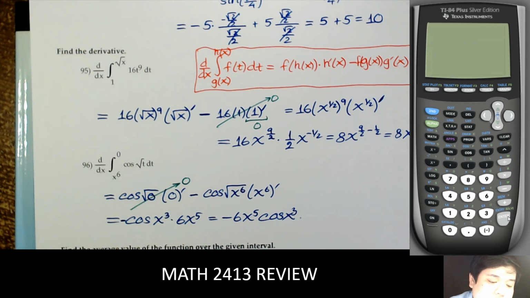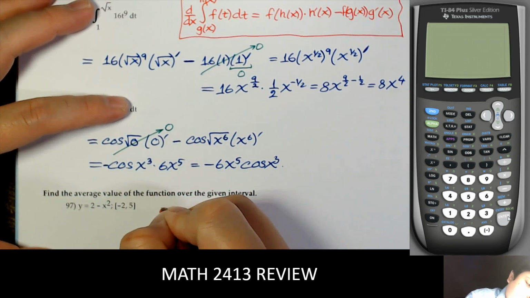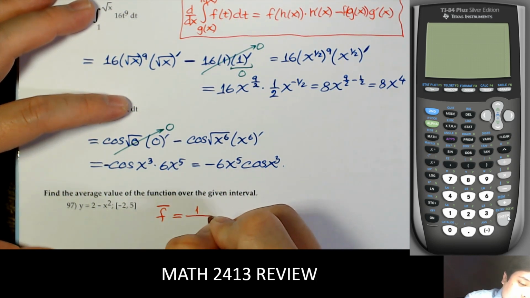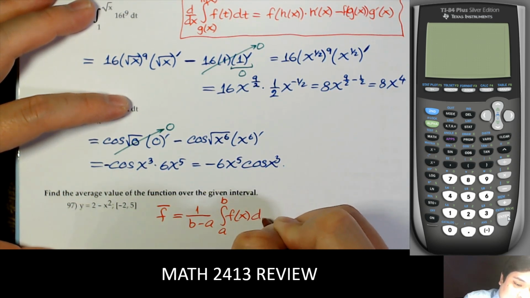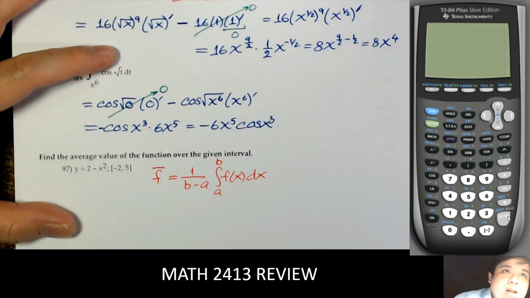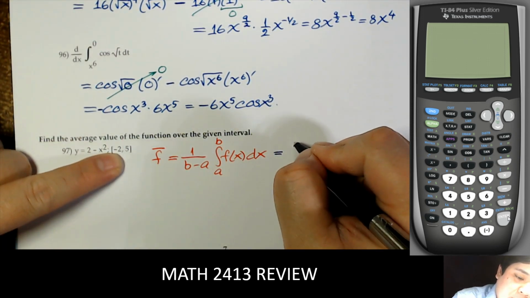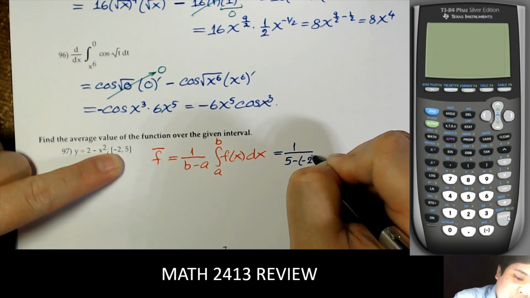Right. Next, average values of the function. The average value of the function is equal to 1 over b minus a, the integral from a to b of f of x dx. So in this problem we have b is 5 and a is negative 2.